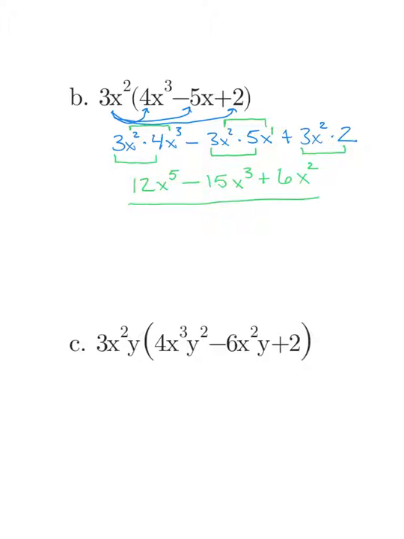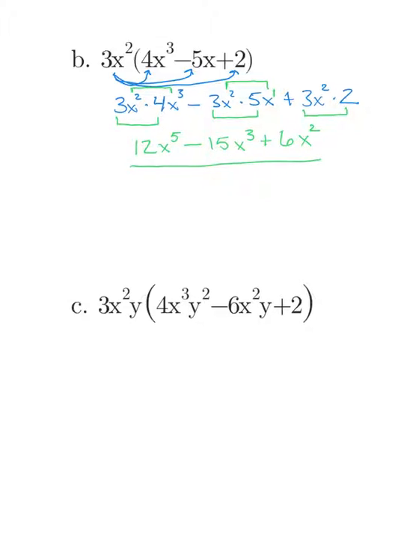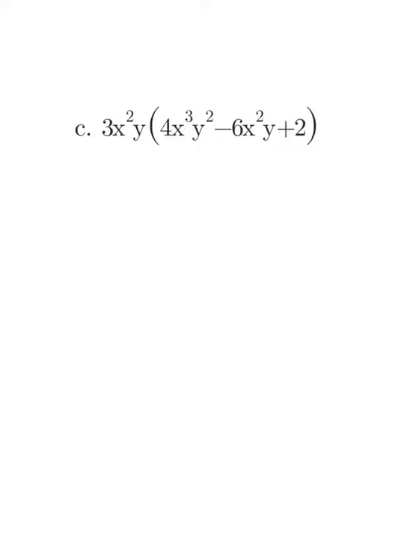So hopefully this is fairly simple for you, so let's go ahead and step it up and look at ones that have several variables involved. If we look at example C, we have 3x squared y times 4x cubed y squared minus 6x squared y plus 2. So same thing, I'm going to start by distributing.